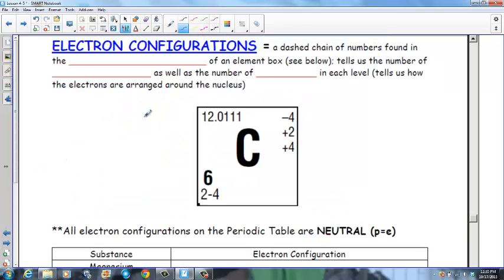So let's start electron configurations. Electron configurations can be found at the bottom left-hand corner.